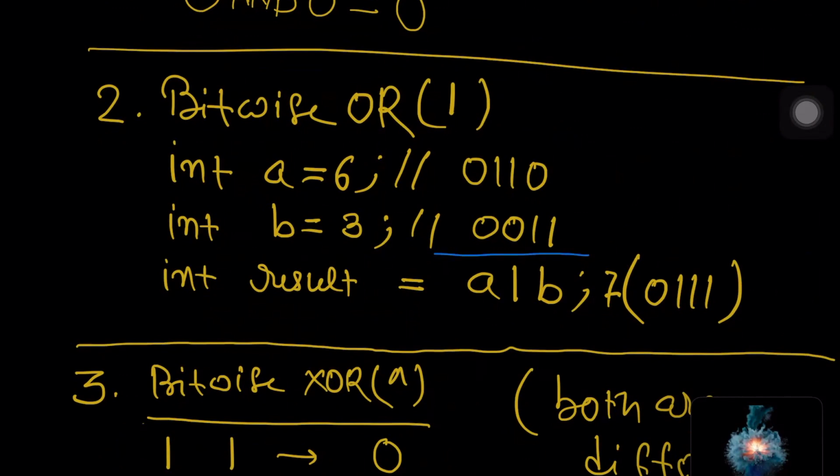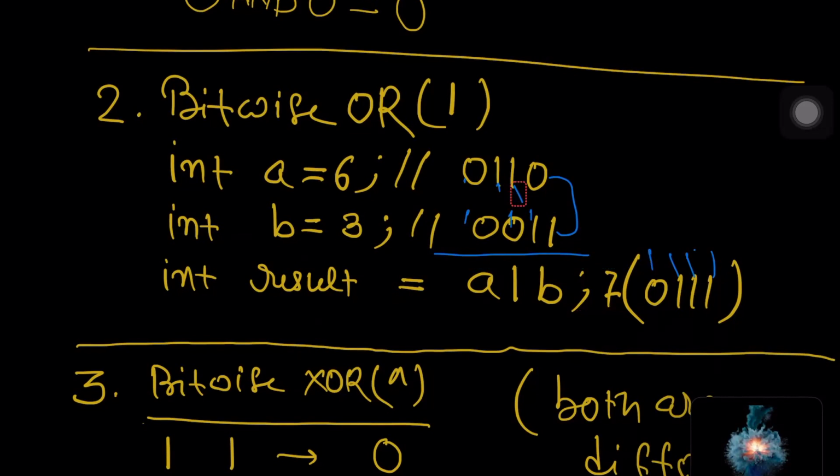In OR, what happens? If any one is true, then it's true. Only if both are false, then false. So just take 0 and 1, what result will we get? We'll get 1. 1 and 1, if both are true, then true. 1 and 0, if any one is true, then also true. Only in one condition it is false, if both are false.